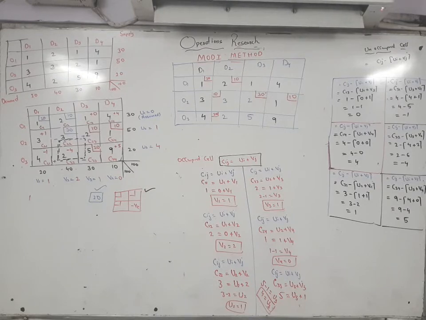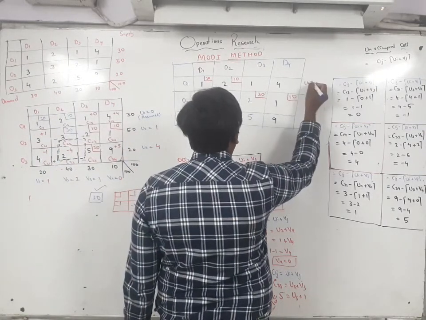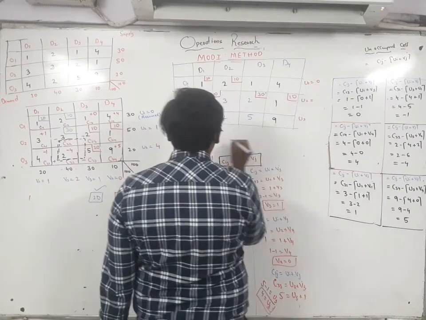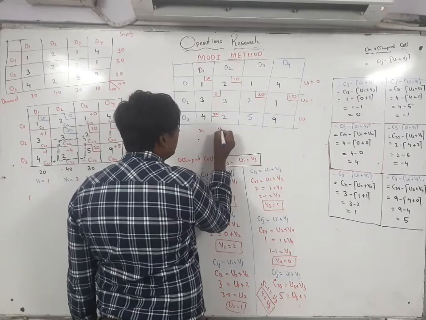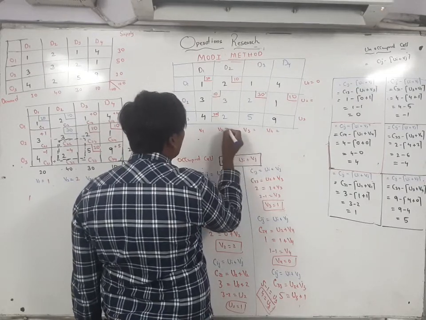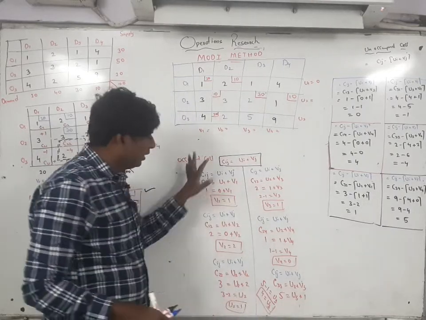See, after getting this, here again you have to find out what you have to do. Again you have to find out u1 as 0 and u2 and u3. Then you have to find out v1, v2, v3, v4. Till when? Till the unallocated cells.